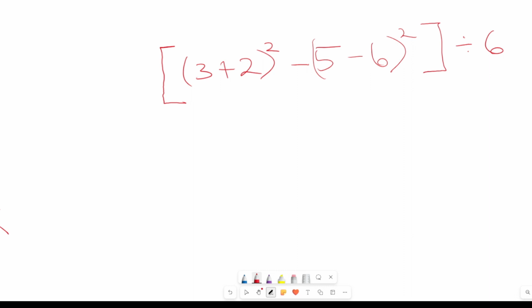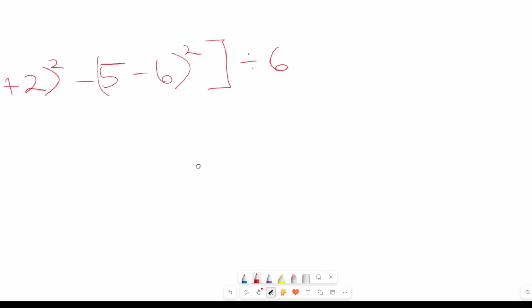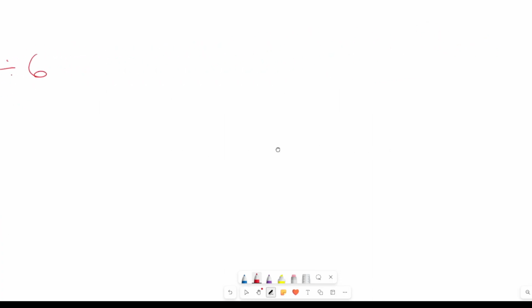But this is where I will bring an end to our BODMAS lesson. So just to recap, we are looking at the good old topic in maths, and we have just completed BODMAS.